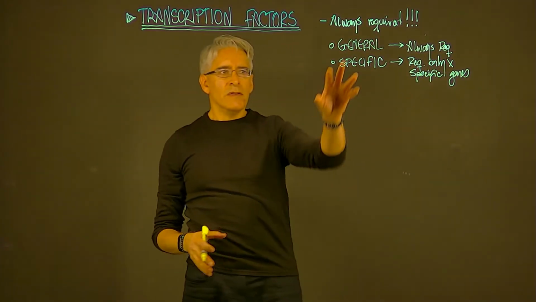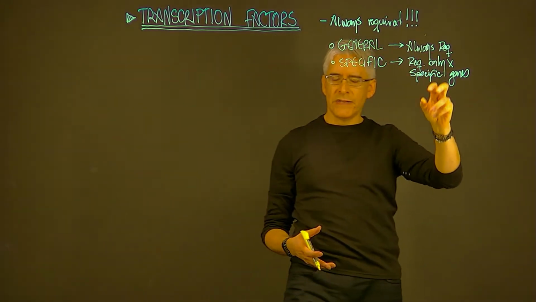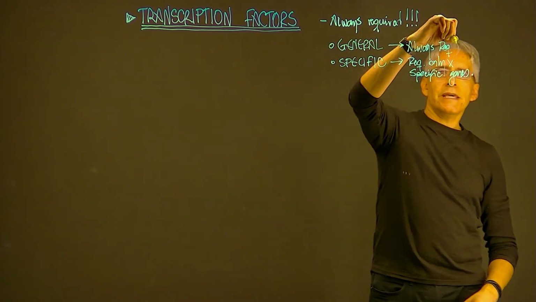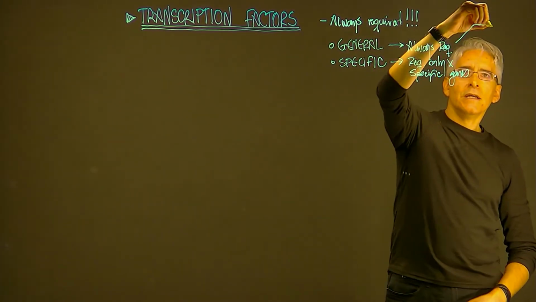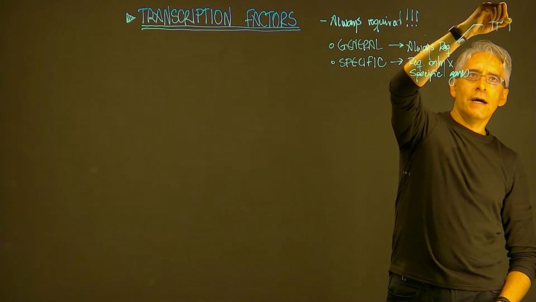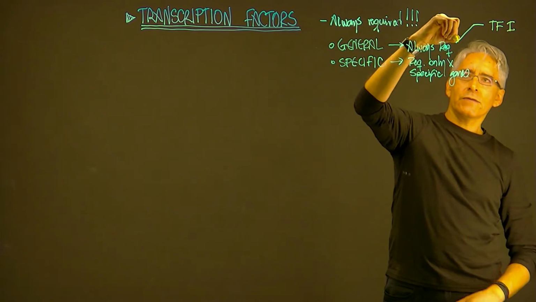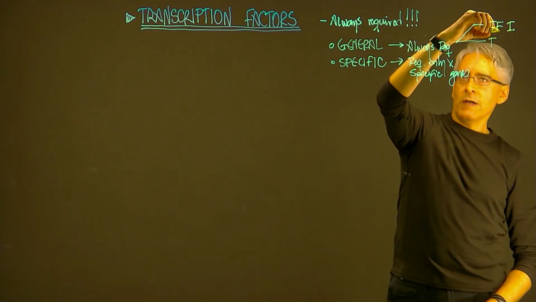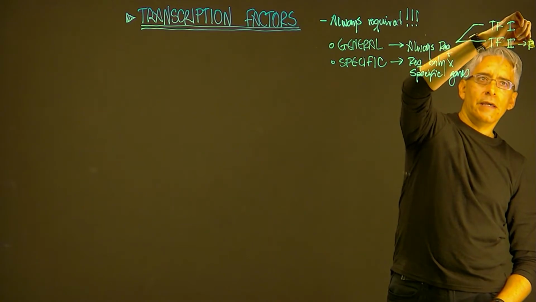All right, now the general transcription factors are named after the RNA polymerase that they function for. So we have general transcription factors that work with RNA polymerase 1, so those will be called TF1 factors. There are general transcription factors that work with RNA polymerase 2, so those will be called TF2 because they work with RNA pol 2.